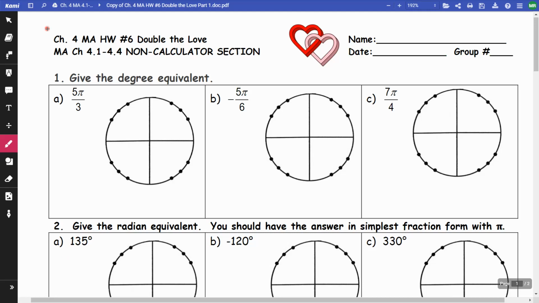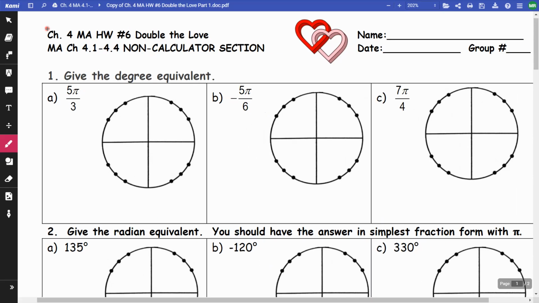So for this, we want to figure out the degrees that are equivalent to this. So 5 pi thirds is going to be right there, and that is going to be 300 degrees.